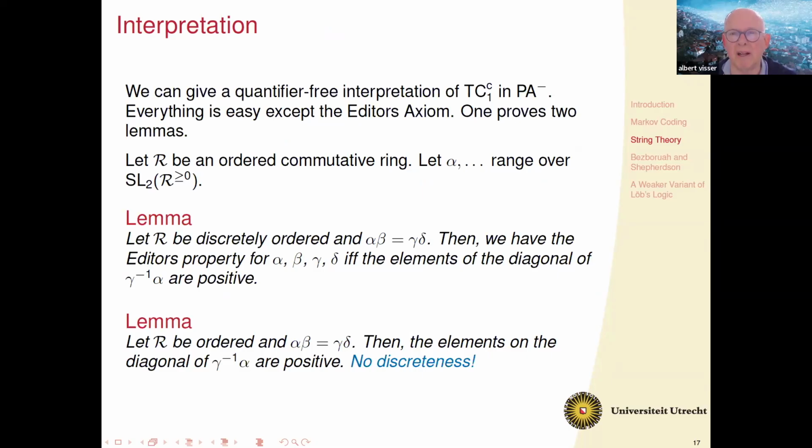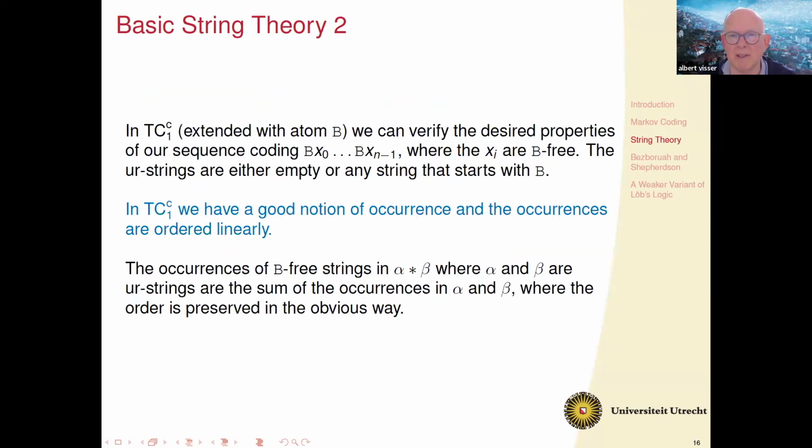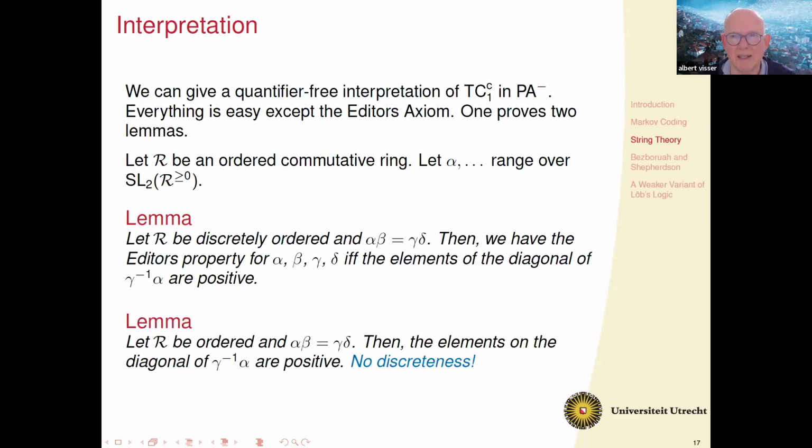Now we can give a quantifier-free interpretation of this theory in PA minus, using the Markov interpretation with the 2 by 2 matrices, and everything is easy except the editor's axiom.